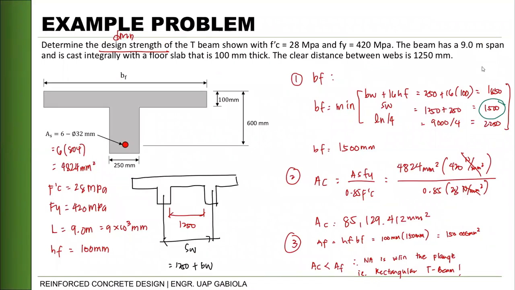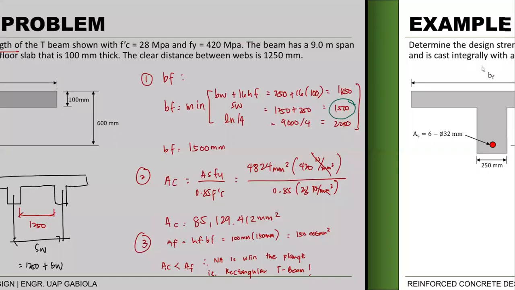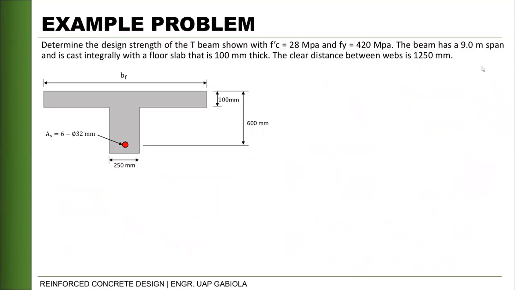So, kung rectangular T-beam siya, we will just use yung analysis procedure for beams natin. And to continue, so we now calculate yung value ng ating compression block using our formula A is AsFy over 0.85 F prime C BF. Okay? So, since nag-fall within dito, kasi ito yung portion ng compression flange natin, BF yung gagamitin natin, width ng flange.